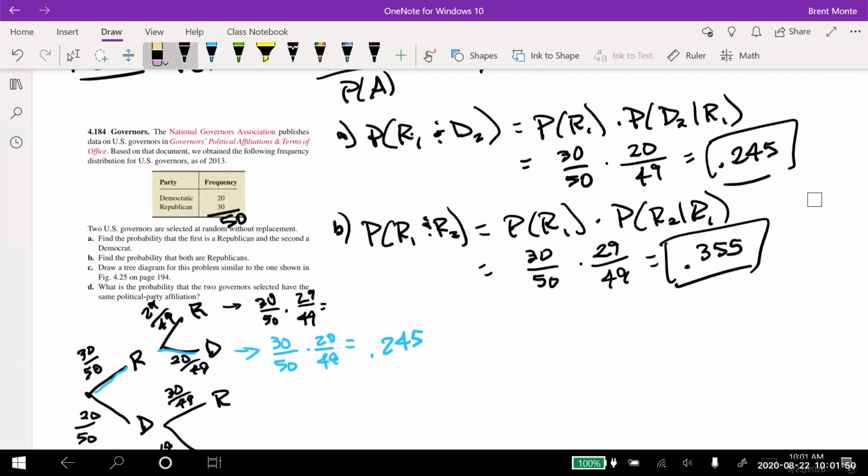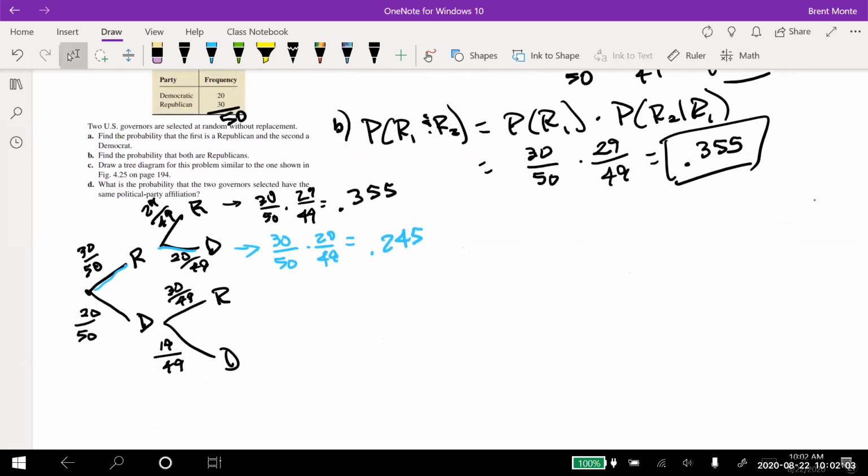That wasn't my best work. This one would have been the 0.355. Sorry about that. If you multiply those out yourself, you would have seen that, but we caught it, so we're good. And then we could do the next two similarly, Democrat, Republican, Democrat, Democrat, and that would be our tree diagram. So anyway, that was C. Those help us find these probabilities.